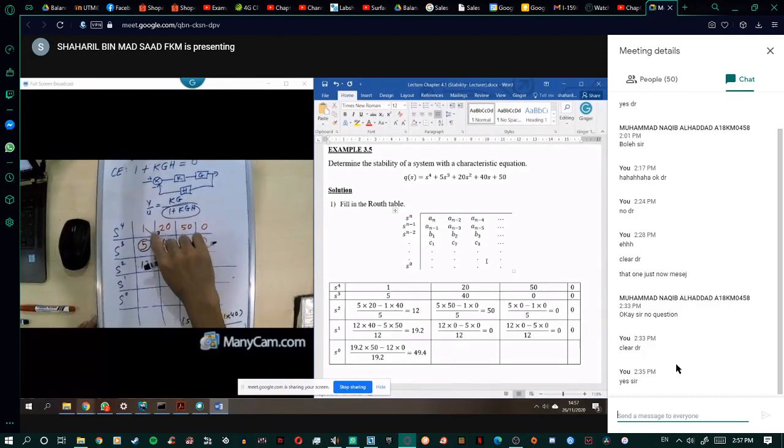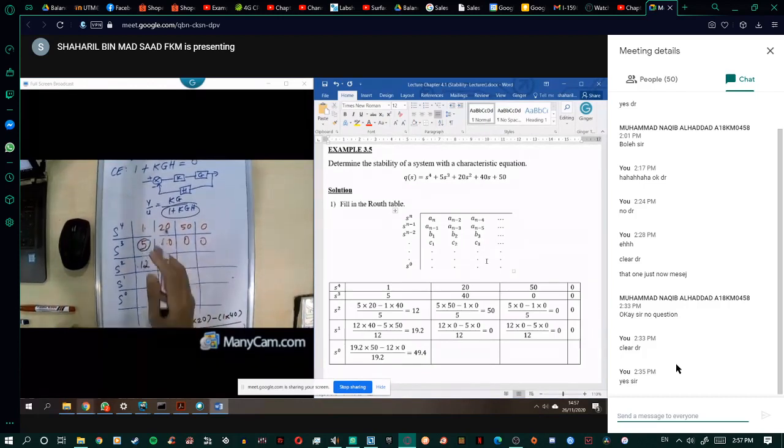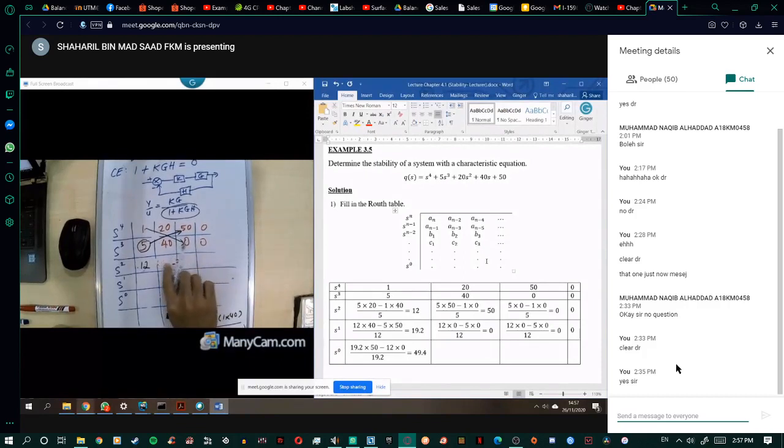Then how to find this value? Delete this one. It also starts from 5. Look at the first column, divided by 5. So 5 times 50 minus 1 times 0, which is 0, so you get 50.